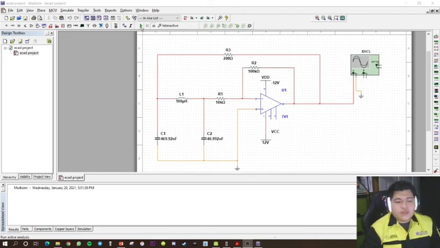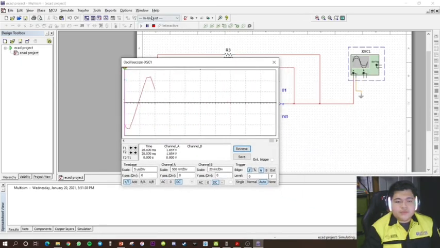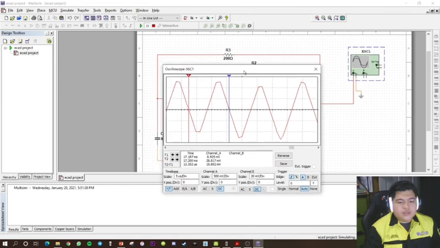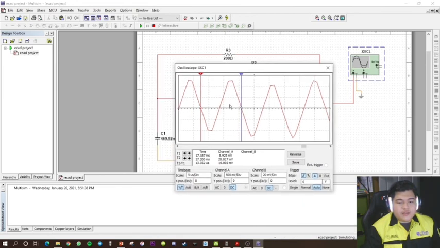If we run the simulation, we get the actual response for this circuit. Then we pause it in order to get the signal, and we get the period of this signal, which is approximately here, one full cycle of the signal.